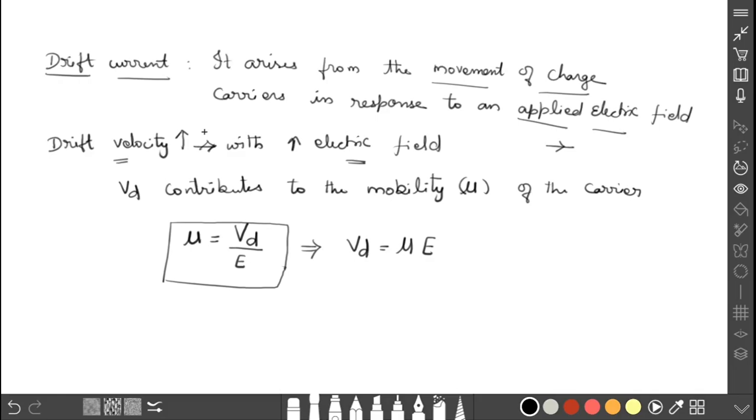This is the second point, and the next point is that the drift current obeys Ohm's law. The drift velocity is mainly influenced by the external field. That is what we have to remember.